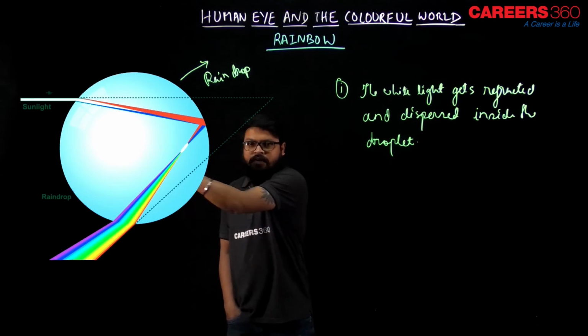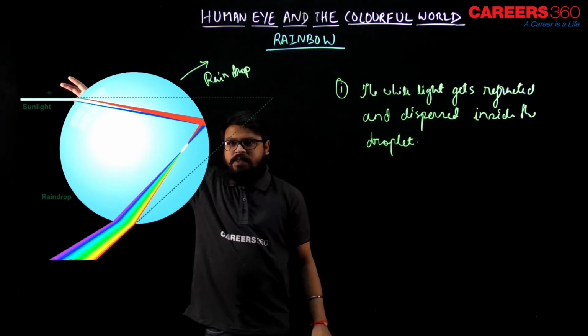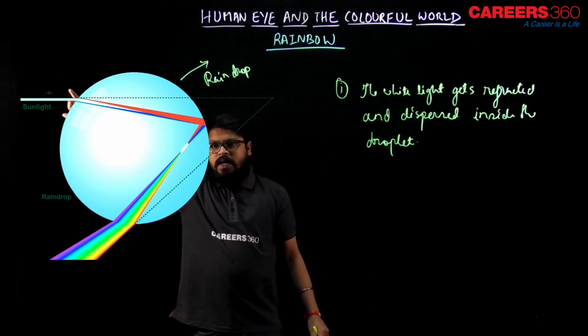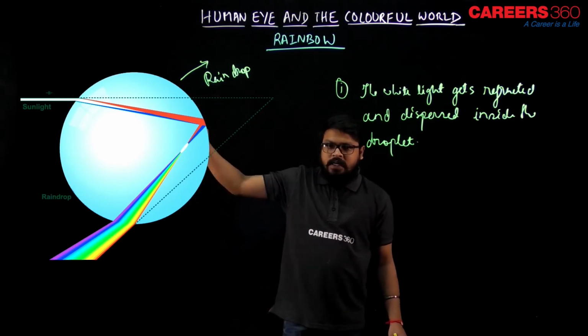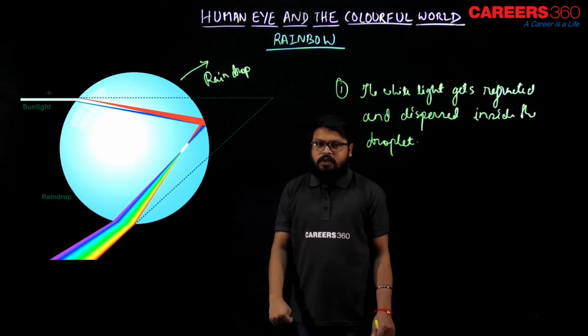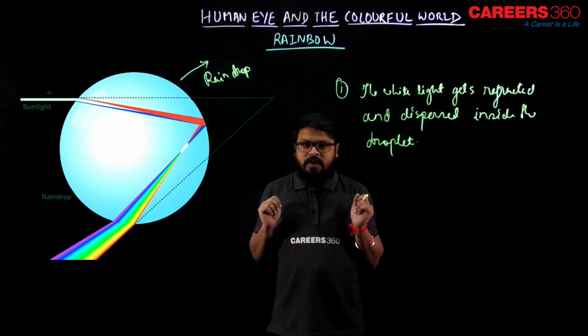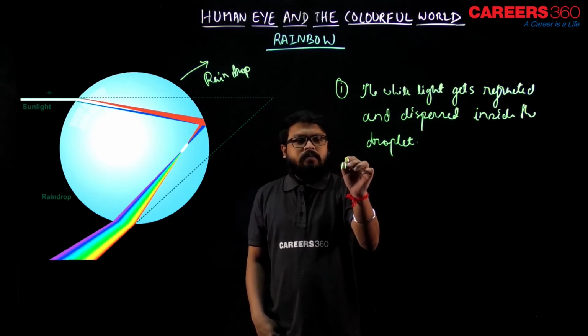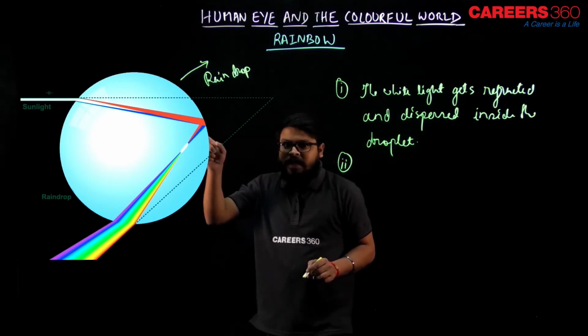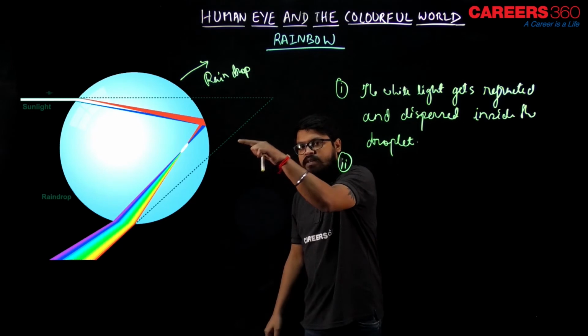First refraction over here, at this particular point: the sunlight, which is a single white light, gets refracted inside the water droplet and then gets dispersed inside the droplet. Second step, it gets reflected internally, as you can see, reflection.